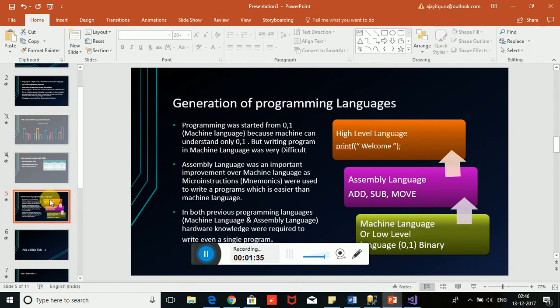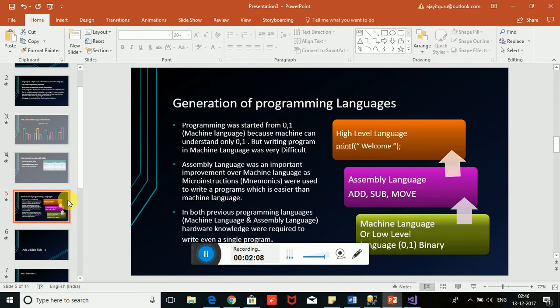It means writing a program was a task which could be successfully accomplished only by a person who had complete knowledge of their hardware system, like what is the memory, what is the register, how the variables are located in the memory. It means programming was restricted to a person who had deep knowledge of hardware.